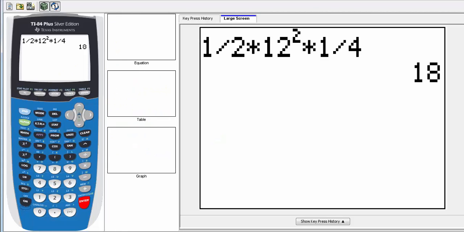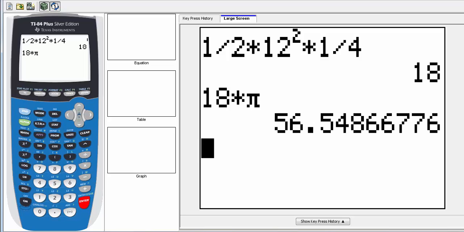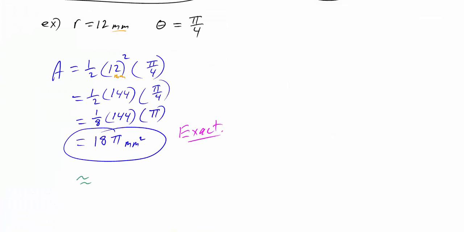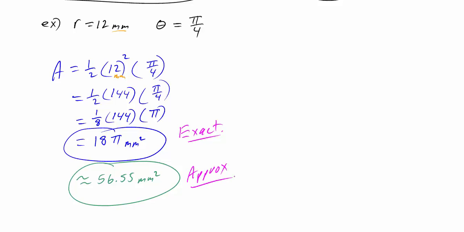We go to the calculator, 18 times pi, and we come up with 55.. So approximately 56.55 millimeters squared. And this here would be the approximate answer.